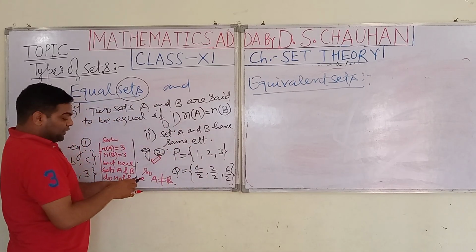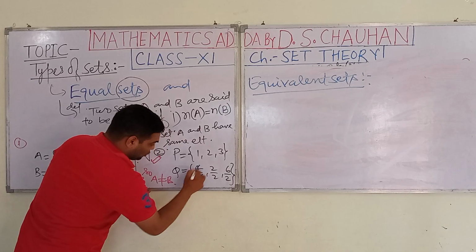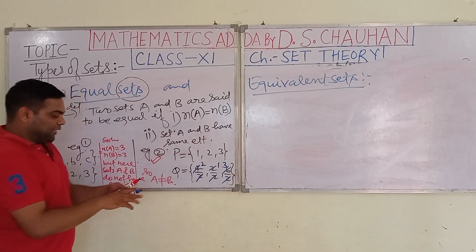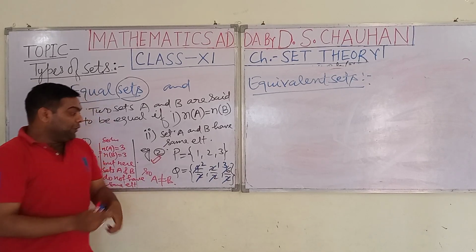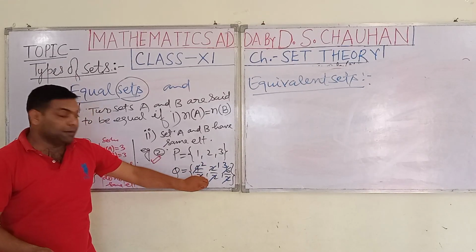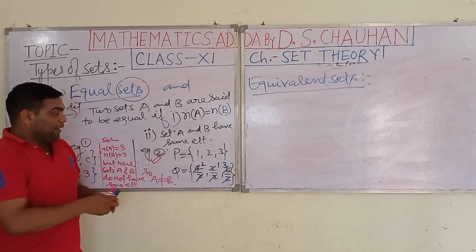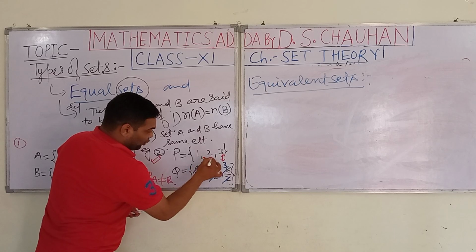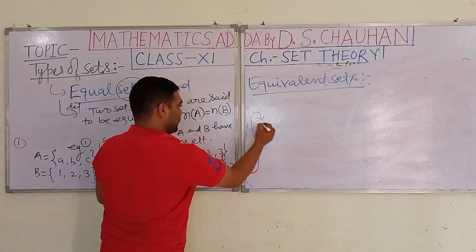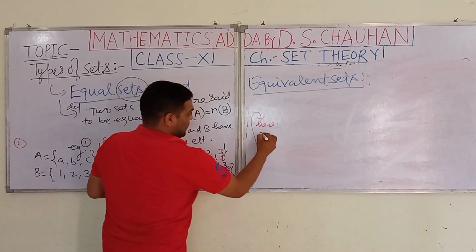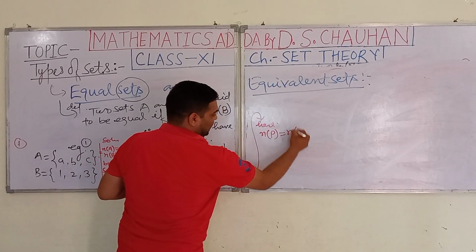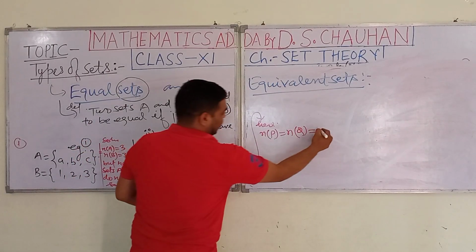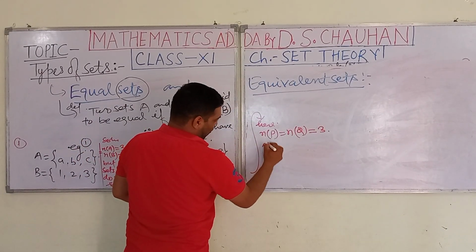But students, whenever we discuss this second example, try to understand. See here, in set Q, whatever elements are present, they need a type of simplification. If we simplify, what will we get here? 2 2s are 4, this is 1 and this is 3. Look here students, after simplification, we are getting the same elements that are in set P. Look here, it is 3, same, here it is 1, here it is 2.